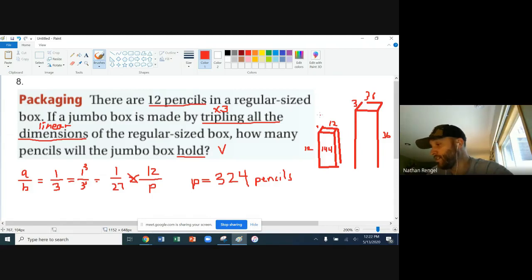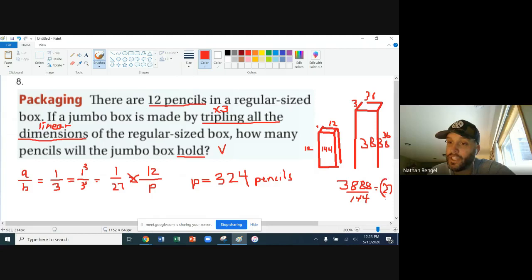Just give me a second here. 36 times 36 times 3 is 3,888. So the volume goes from 144 to 3,888. And if you look at how many times bigger 3,888 is compared to 144, divide those out, you're going to get 27.